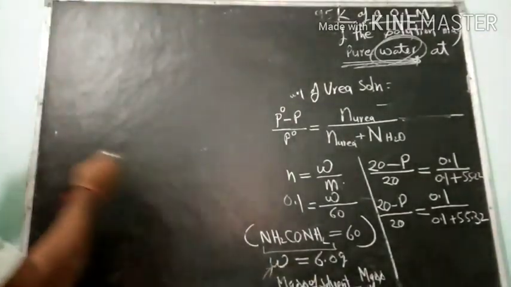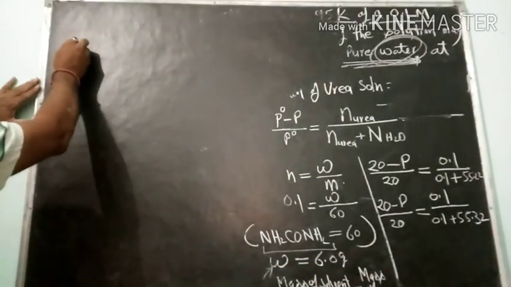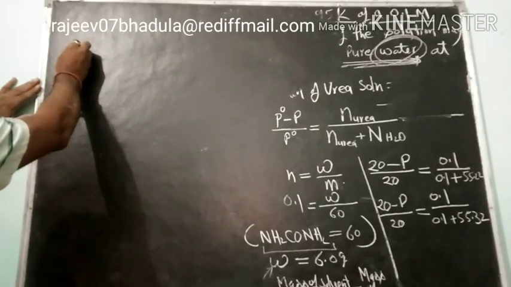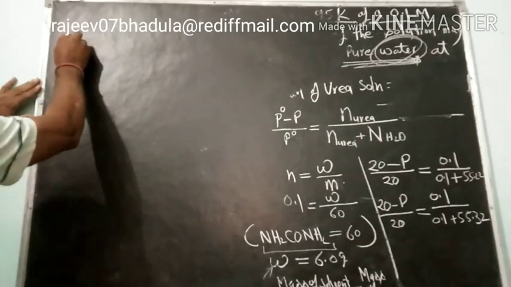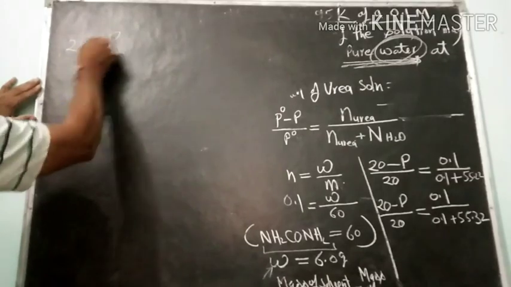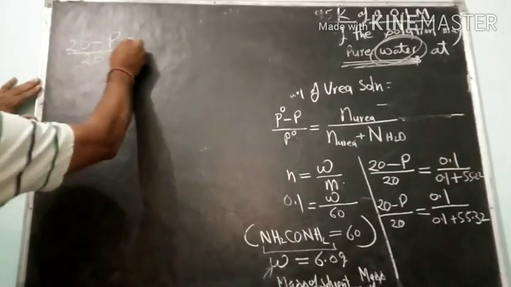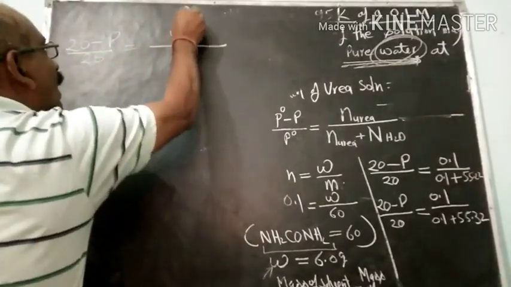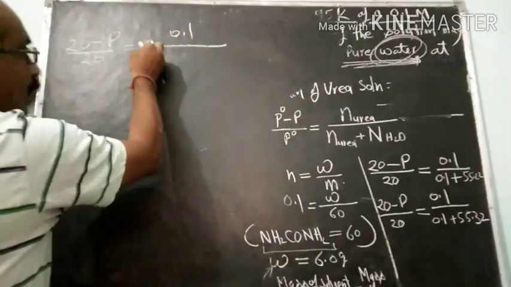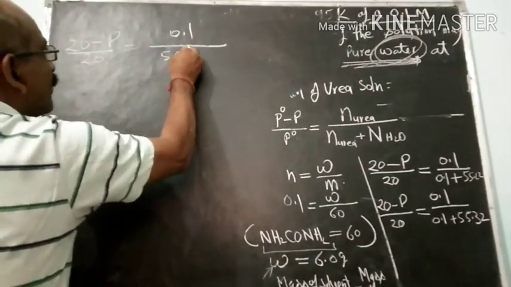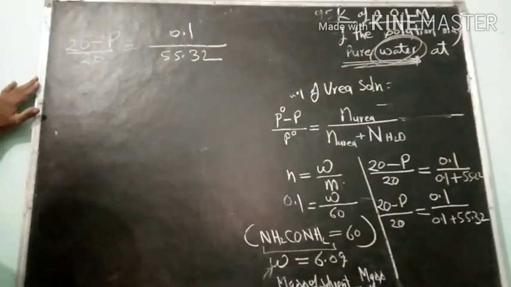And then it comes 20 minus P over 20 equals 0.1 over 55.32.